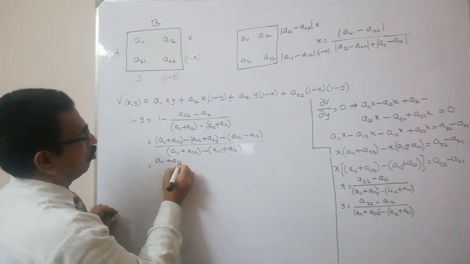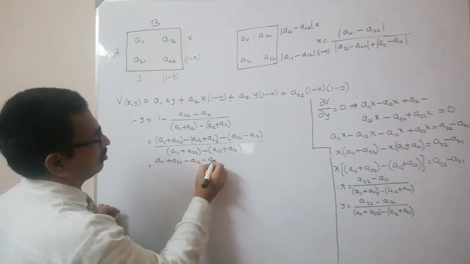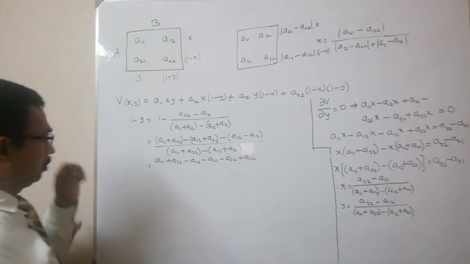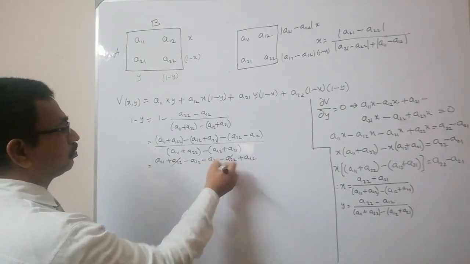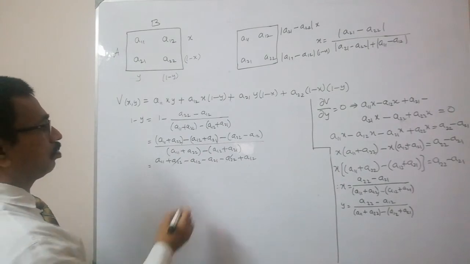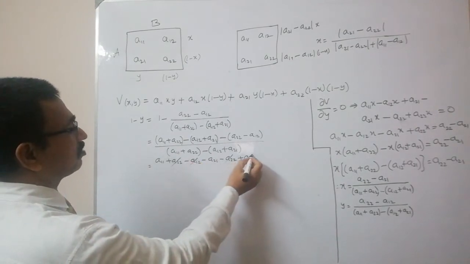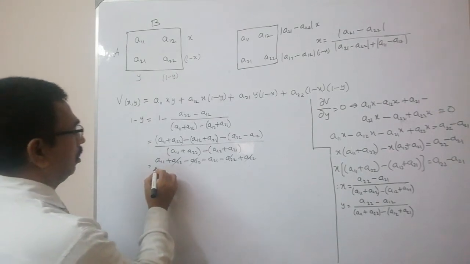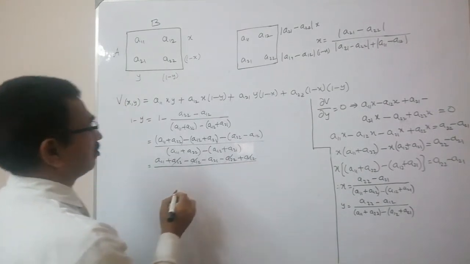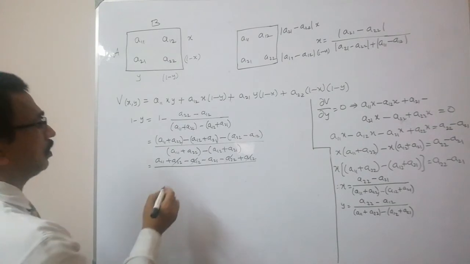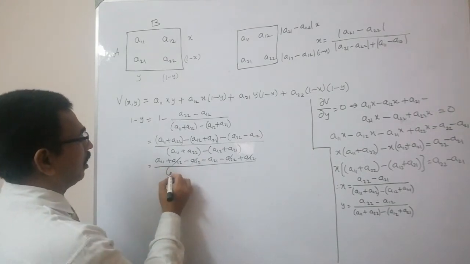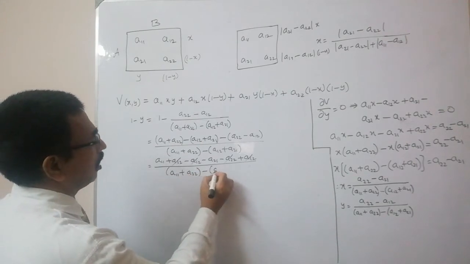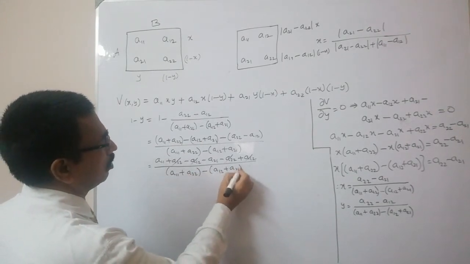A11 plus A22 minus A12 minus A21 minus A22 plus A12. So minus A22 plus A22, minus A12 plus A12 gets cancelled. So we get A11 minus A21 in the numerator, and denominator as usual A11 plus A22 minus A12 plus A21.